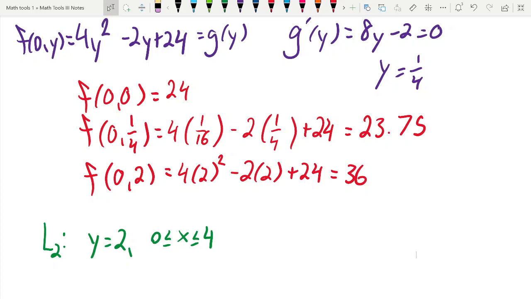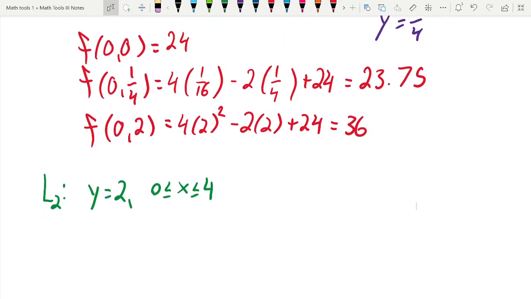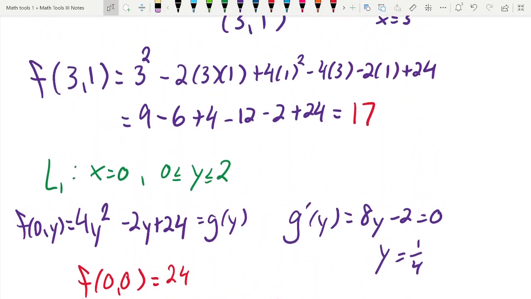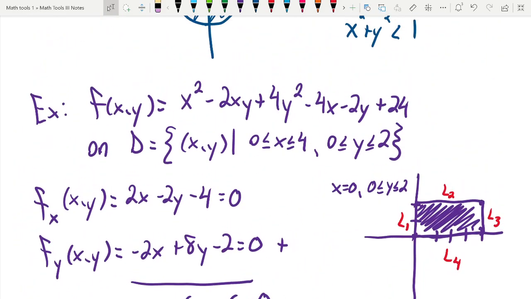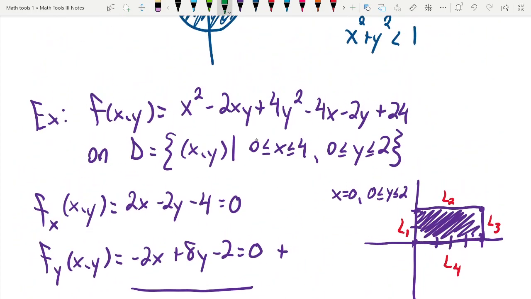So we want to plug y equals 2 into this equation here. Okay, so that's going to leave us, I'm just going to write it here and then we'll copy it down. x squared minus 4x plus, is that 16? Minus 4x again, minus 4 plus 24.